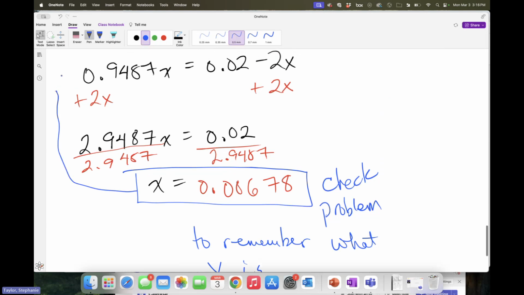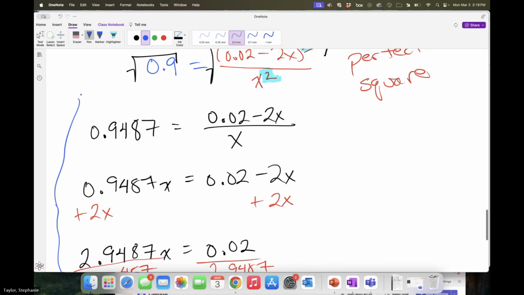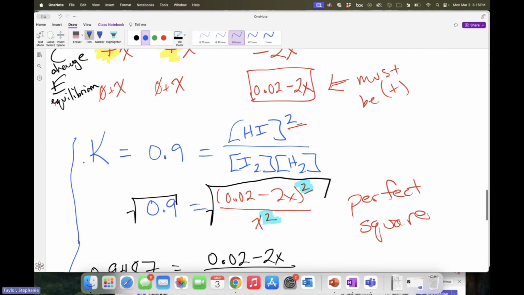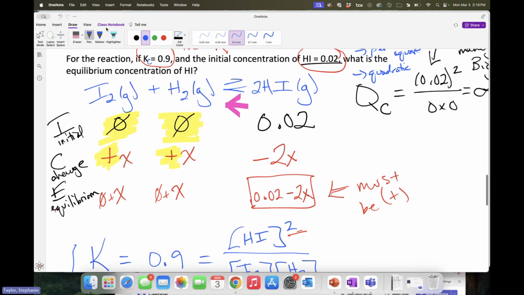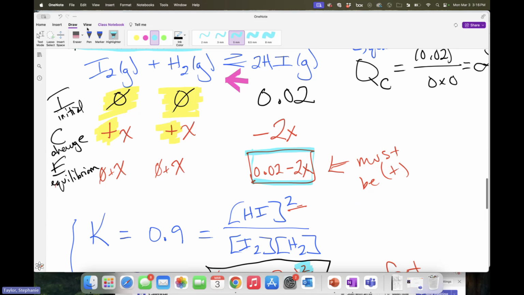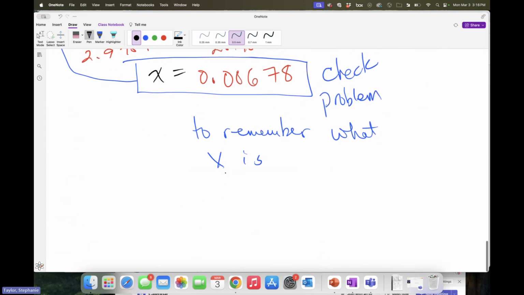So we're going to take this all the way back to my equilibrium table. The question actually wants to know the equilibrium concentration of HI. And we had put a box around it. I'm going to put that box around it again. So this is what we wanted to solve for. It's 0.02 minus 2x.